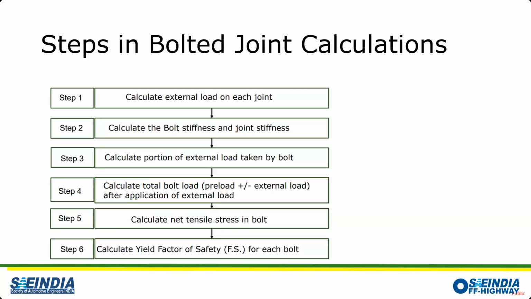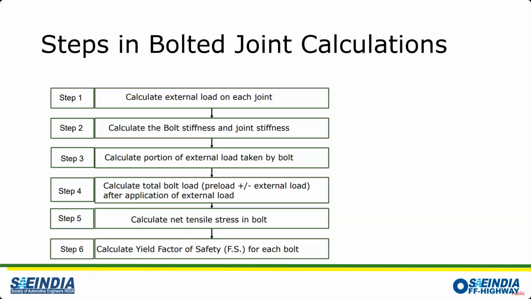Then you need to calculate the stiffness of the bolt and stiffness of the joint, and that will dictate how much part of the external load will be carried by bolt and how much part of the external load will be carried by joint.